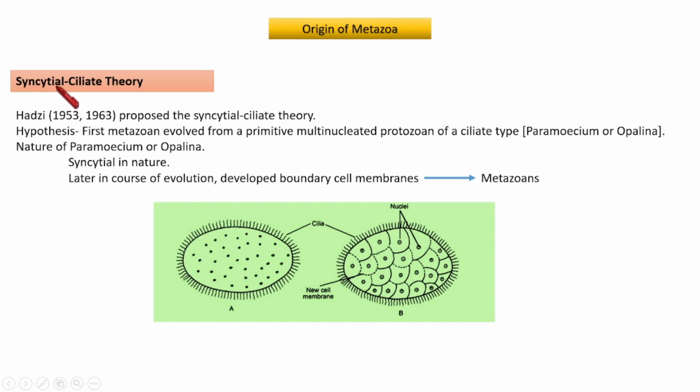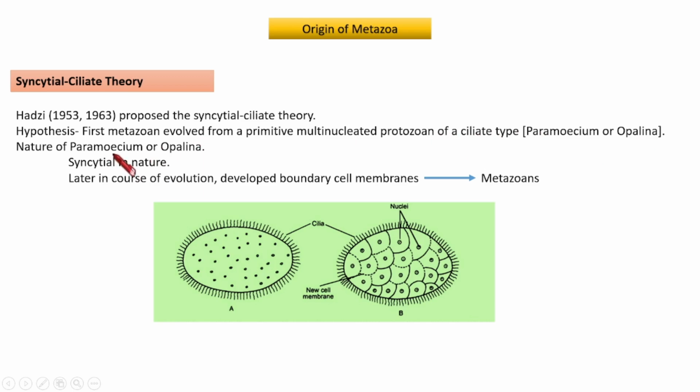First one is the syncytial ciliate theory. Look, the term syncytial means multinucleated single-celled condition, and also ciliate. This theory is proposed by Hadzi, and it explains that the first metazoa evolved from a primitive multinucleated protozoa, a ciliated one, maybe a paramecium or opalina.